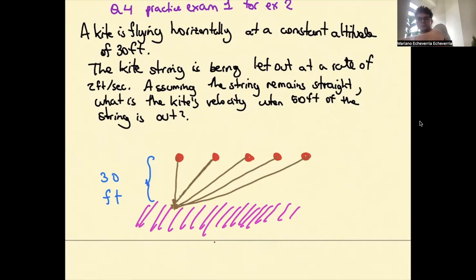And as the kite moves to the right, you need more and more string in order to keep the kite at a constant altitude, right? Because the kite is moving away from you.